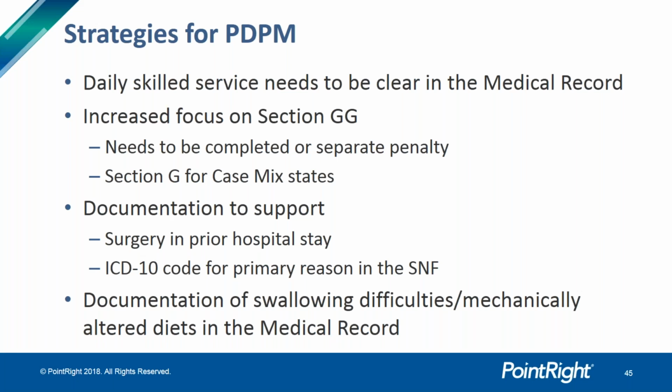And then the other focus that you don't want to lose sight of is Section G for the case mix states. Section G is still important, and it can be confusing now because we're looking at two different measures, looking at different areas with different rating systems. So thinking about how you would incorporate that into your documentation or how you're going to capture that is important.